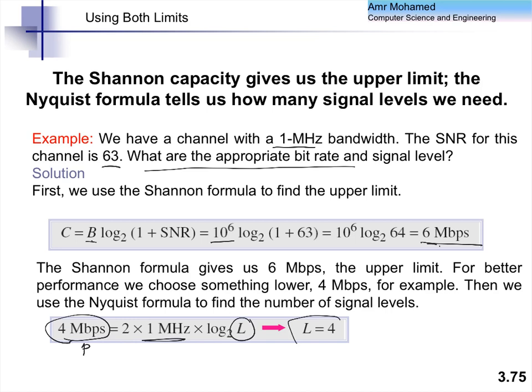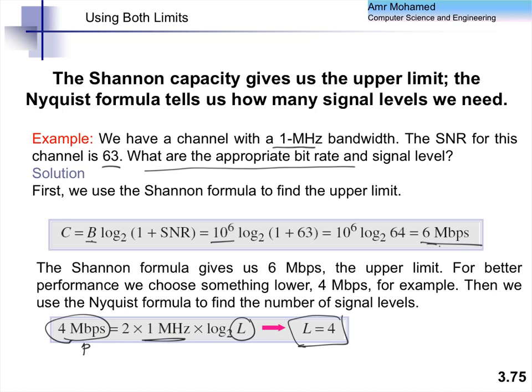Okay? So in that case, you need L equals to 4 or 4 different voltage levels. Or in other words, you need to represent each, how many bits? 2 bits, each 2 bits will be represented by a voltage level. Right? Each 2 bits will be represented by a voltage level. So in that case, we have 4 different voltage levels, or L equal to 4.